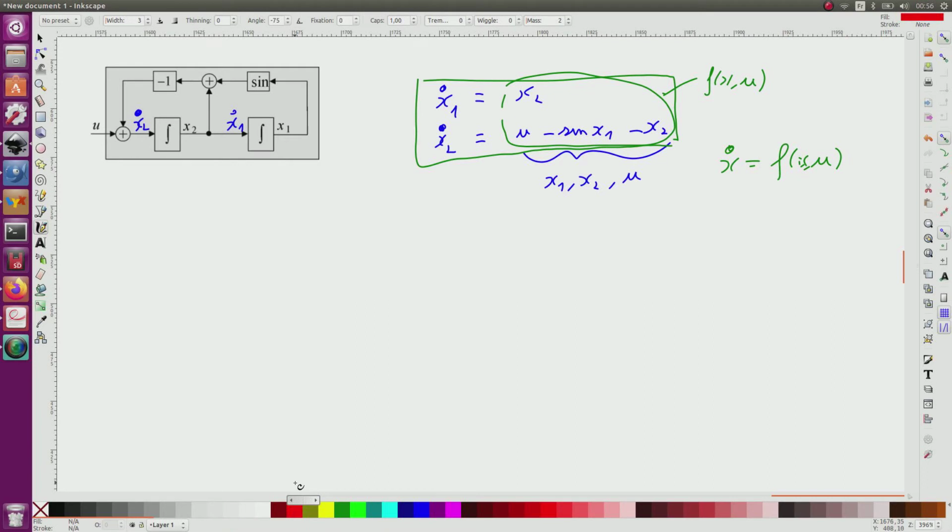This system corresponds to a pendulum, where I can recognize the equation, which oscillates like this, and x1 corresponds to this angle, and the angular velocity corresponds to x2.